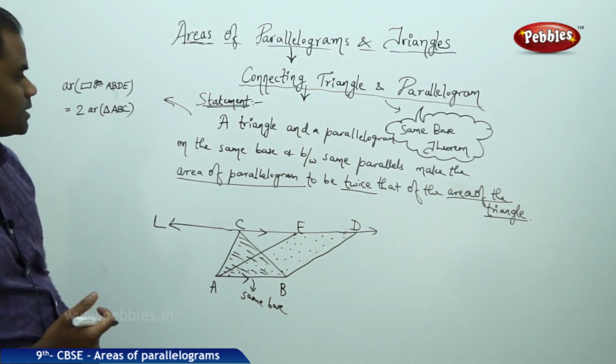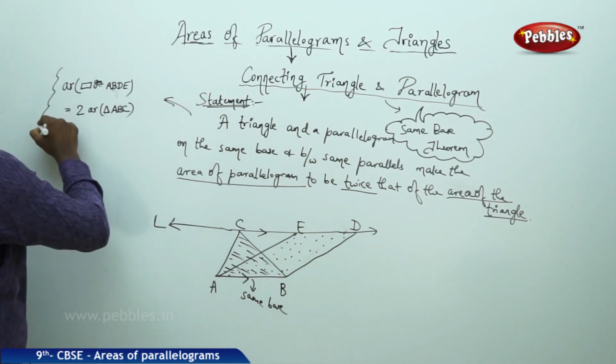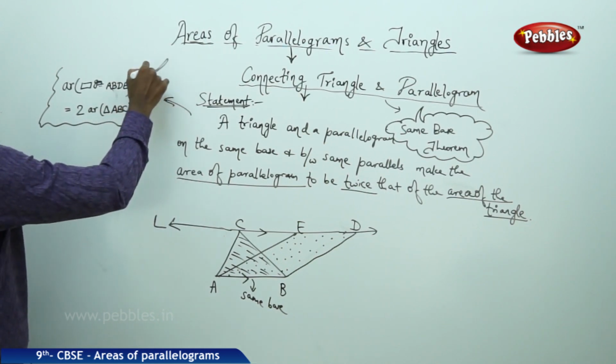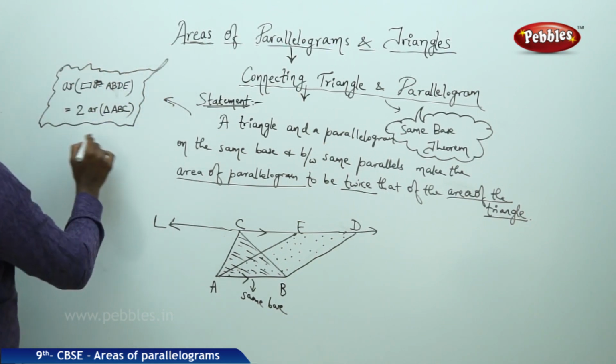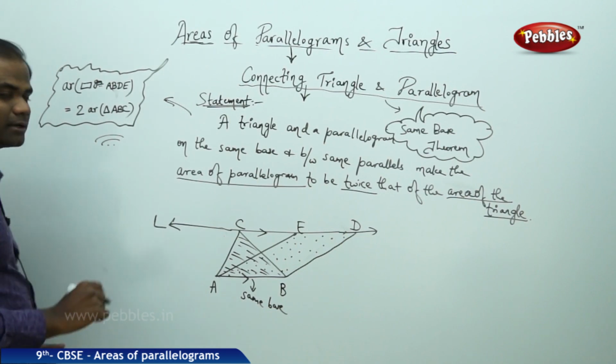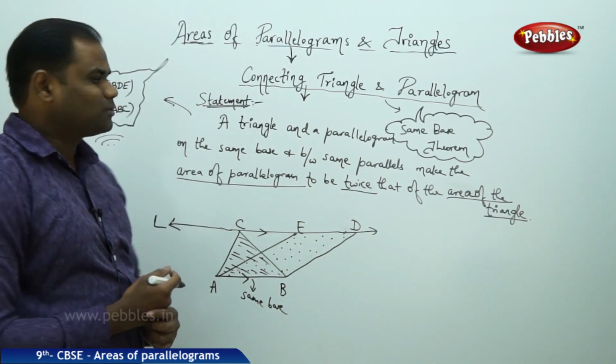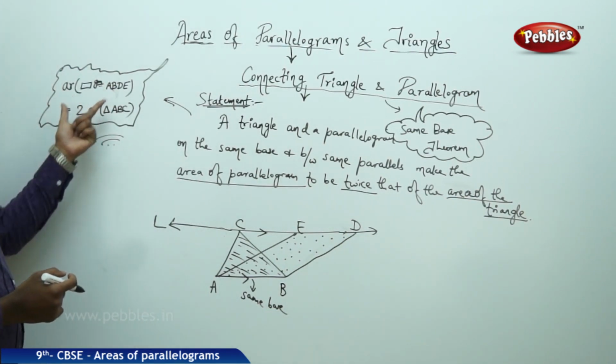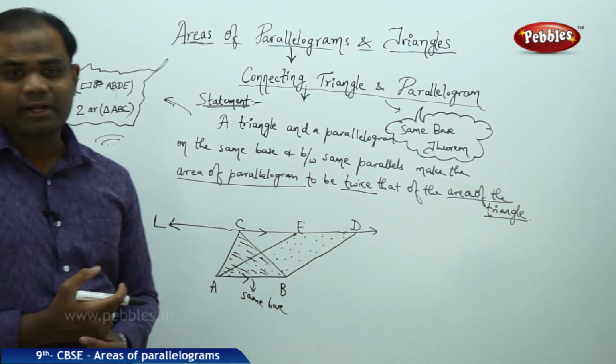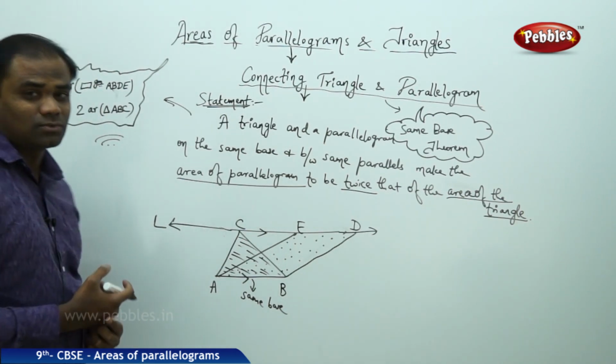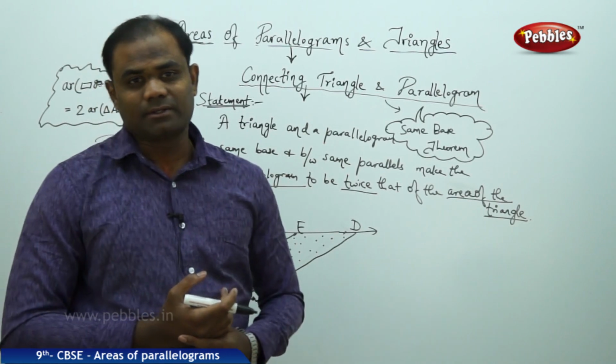That's how we understand the property of area of triangle and parallelogram. Why do you think is the area of parallelogram twice of area of triangle? How is the twice of the triangle connected?